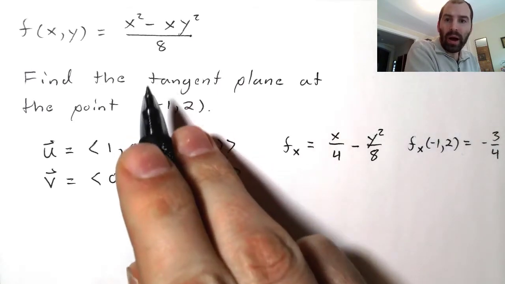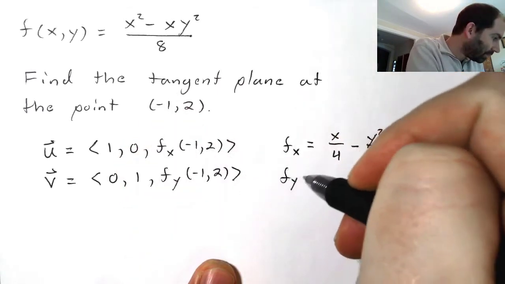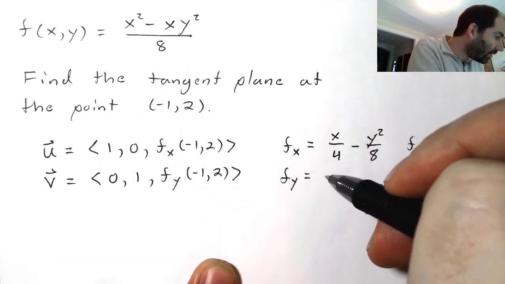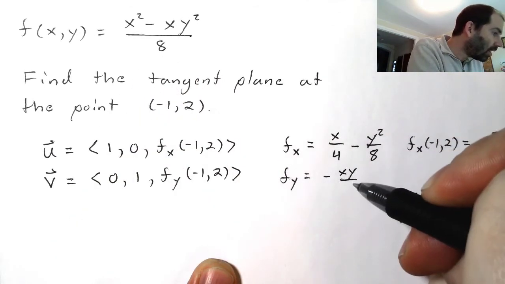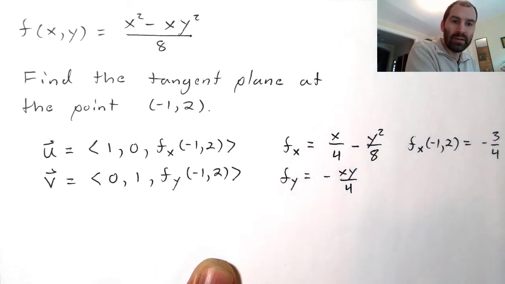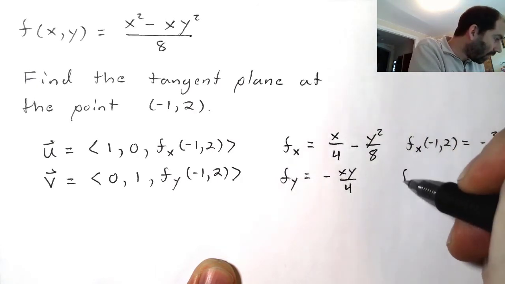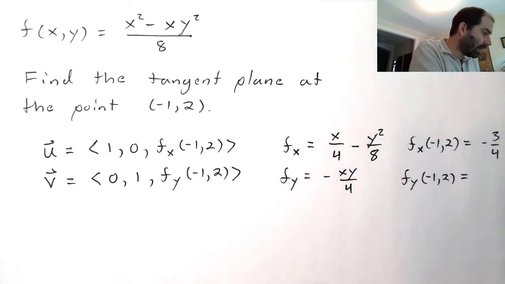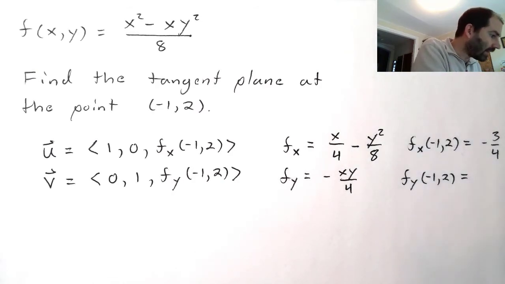Okay, and then the y derivative looks like I'm just going to get negative xy over 4. And if I plug in the point -1, 2 into there, it looks like I get just a half.